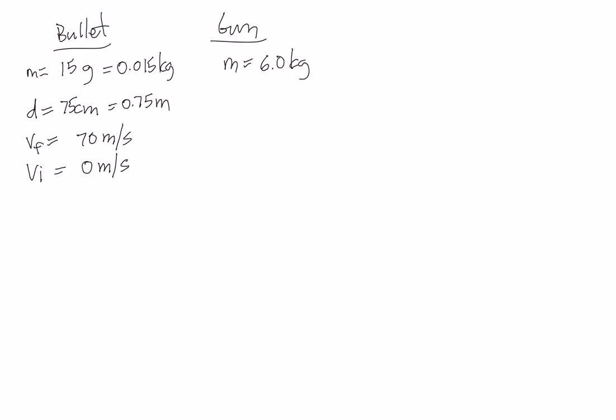We want mass times acceleration to get the force on the bullet, but we need to calculate the acceleration first. So if we use VF, VI, and we have a distance, we can calculate the acceleration of the bullet using our VF squared formula. We'll do that first.